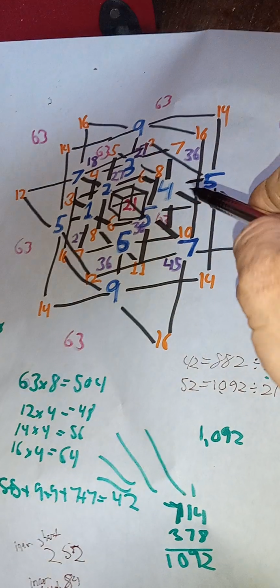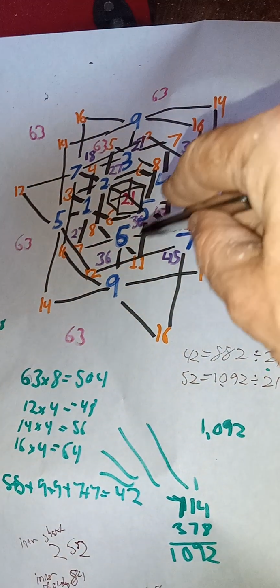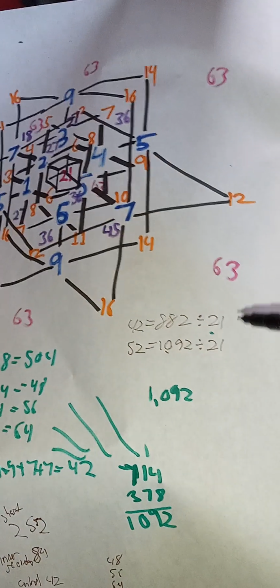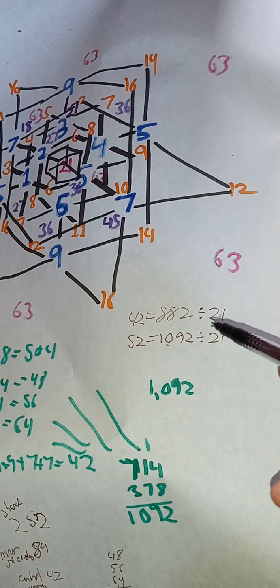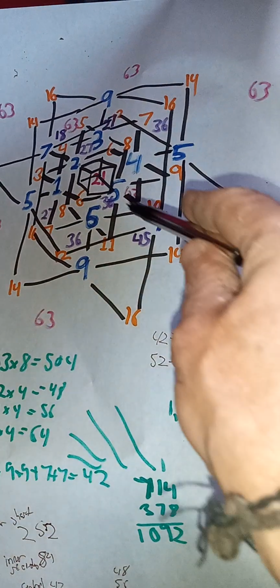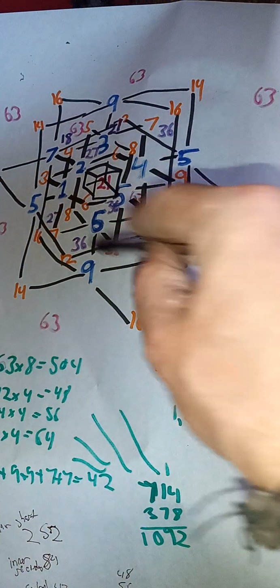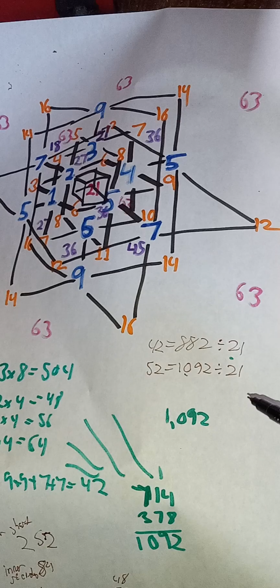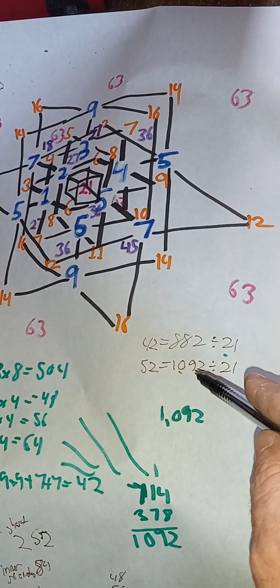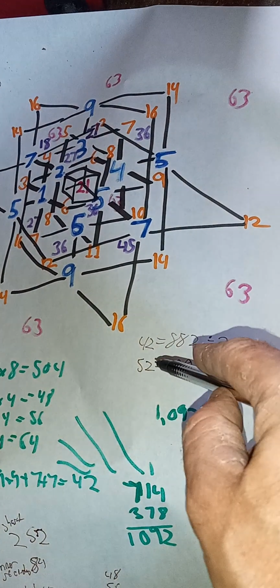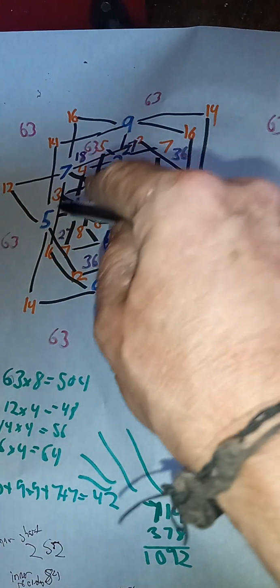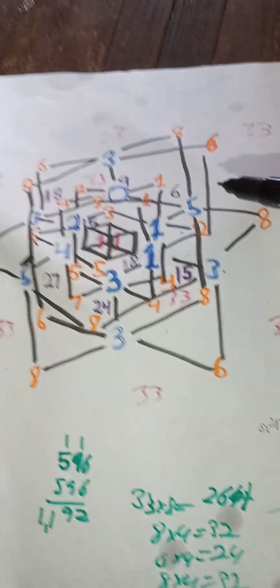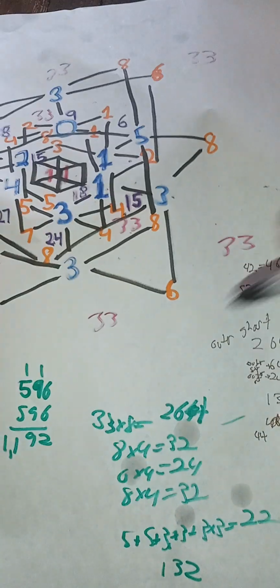But for this magic ghost number cube, which is a typical 1, 2, 3, 4, 5, 6, it is 882. 21 goes into 882, the interior cube, 42 times. 21 goes into 1092 52 times. That includes the primary and secondary numbers. And these are the calculations.